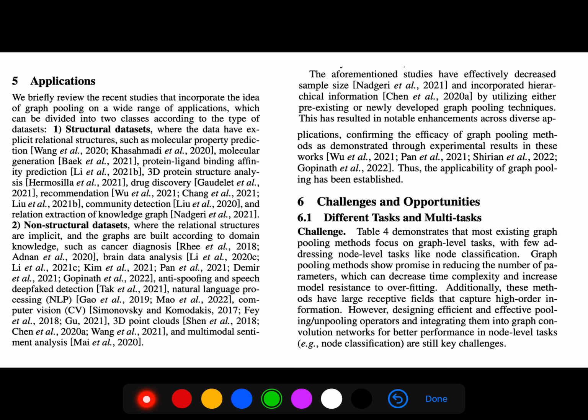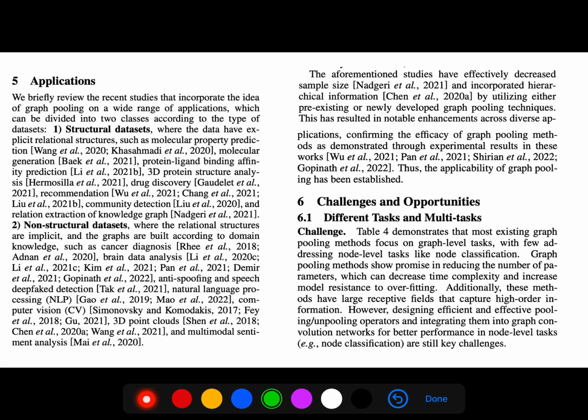So, we briefly review recent studies that incorporate the idea of graph pooling in a wide range of applications, which can be divided into two classes according to the type of dataset. Structured datasets, where the data have explicit relational structures, such as molecular property prediction, molecular generation, protein-ligand binding affinity prediction, 3D protein structure analysis, drug discovery, recommendation, community detection.